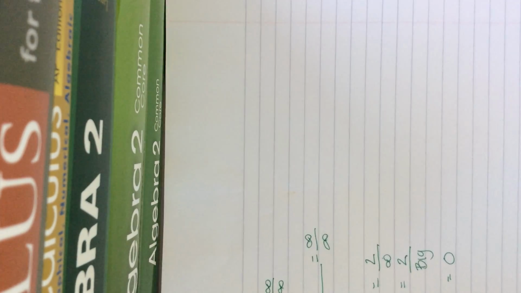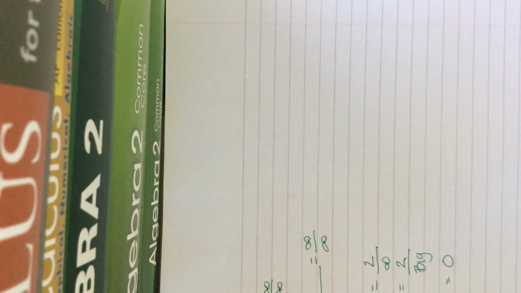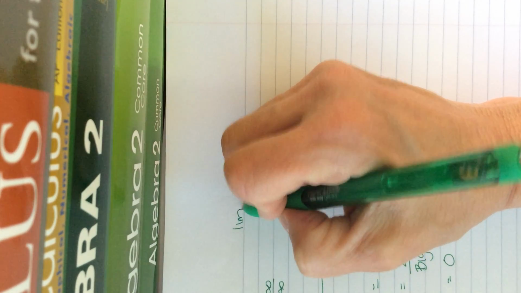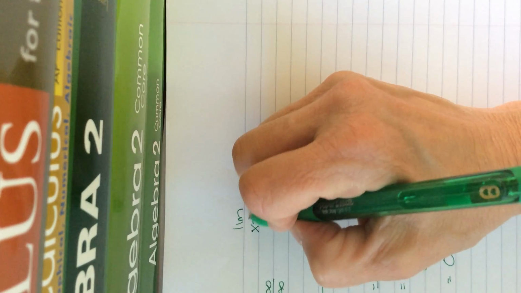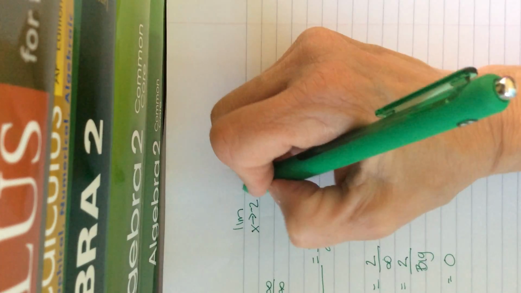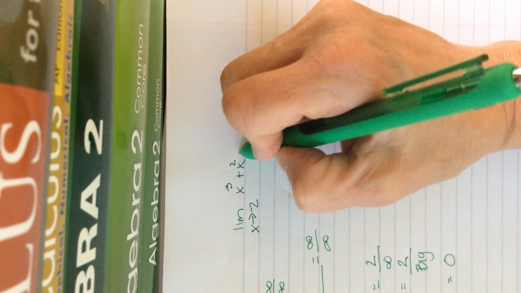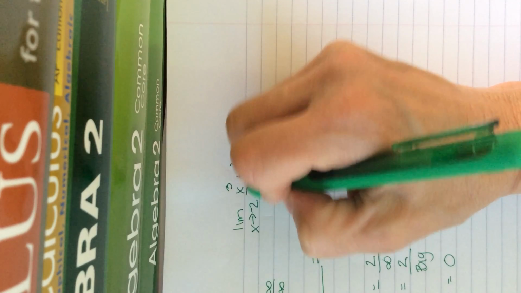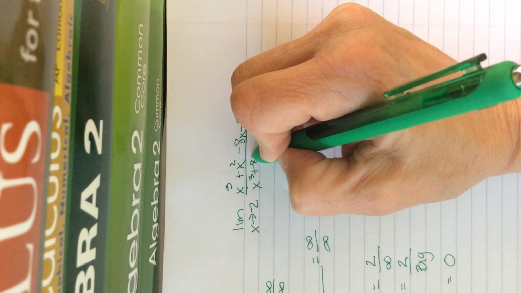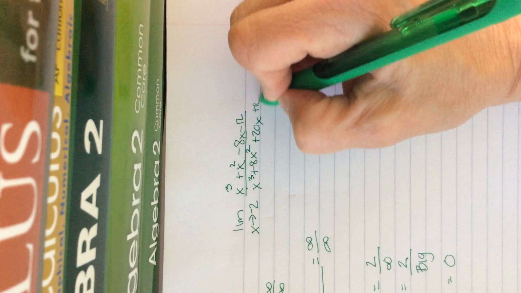All right, so let's do the next one. The nice thing is that the next example is simply a polynomial over a polynomial. And I want to find the limit as x approaches -2 of x cubed plus x squared minus 8x minus 12 over x cubed plus 8x squared plus 20x plus 16.